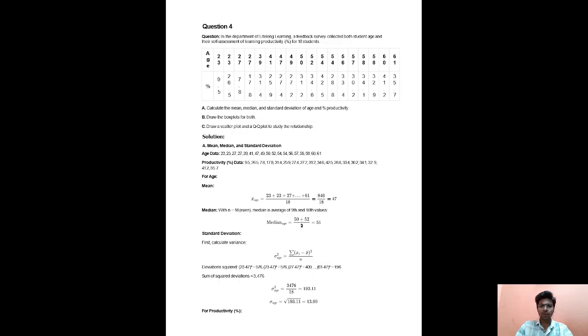First, measuring the age data and the productivity data. Find the mean and median by the formula.